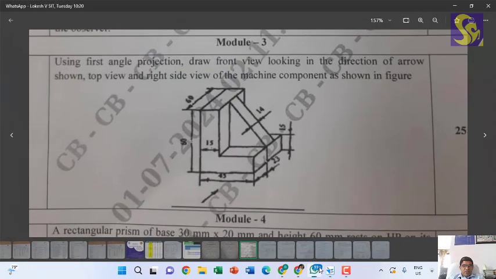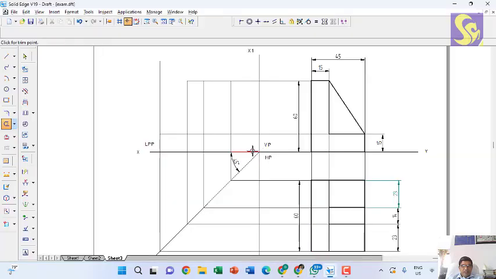So now we'll have to visualize. In the side view now, you can see this part of 60 by 15 as full. You can see this width.